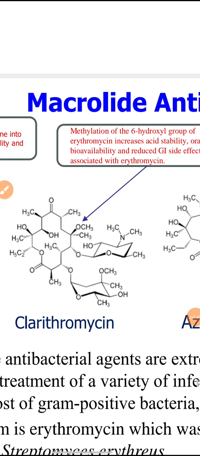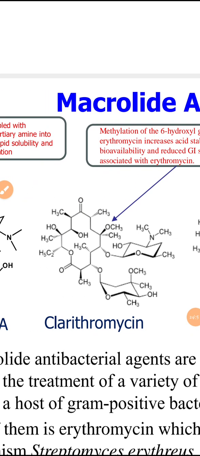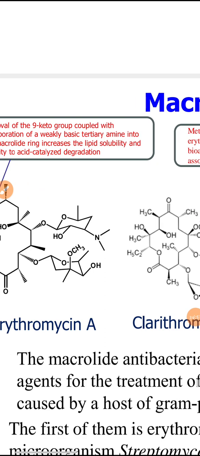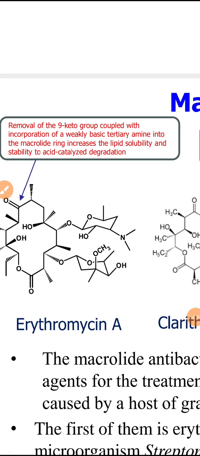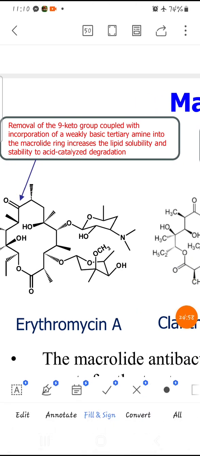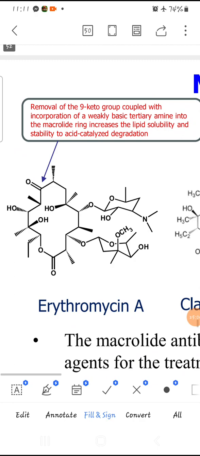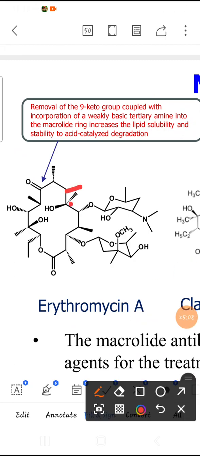Also, in the case of erythromycin, here we have at this sixth position a hydroxy group. This is a hydroxy group at the sixth position. This hydroxy group can easily undergo hydrolysis or inactivation.